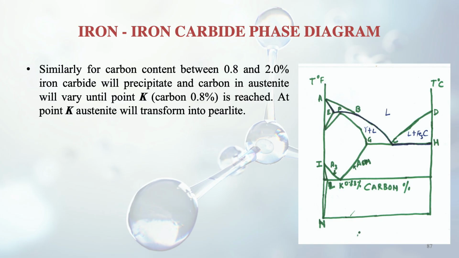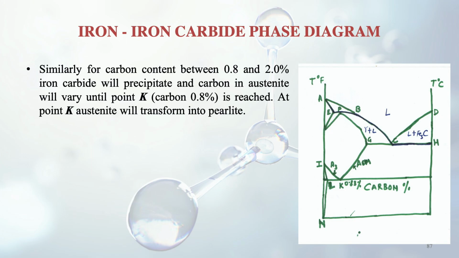So IK is the line. It is getting enriched in carbon while cooling. Similarly, for carbon content between 0.8% and 2%, iron carbide will precipitate, and carbon in austenite will vary until point K, that is carbon 0.8%, is reached.